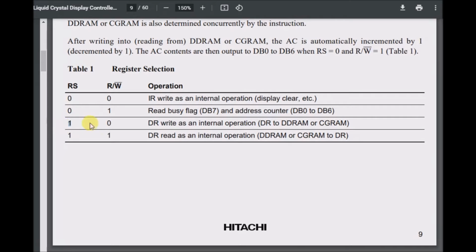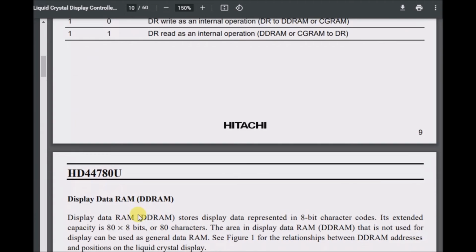When RS is 1 and RW is 0, DR write as an internal operation, DR to DDRAM or CGRAM. When RS is 1 and RW is 1, DR read as an internal operation, DDRAM or CGRAM to DR.